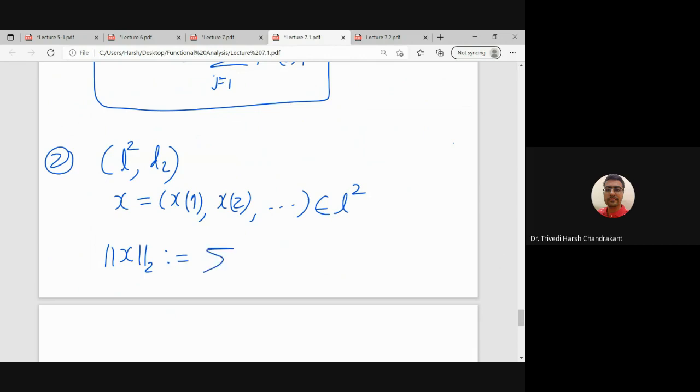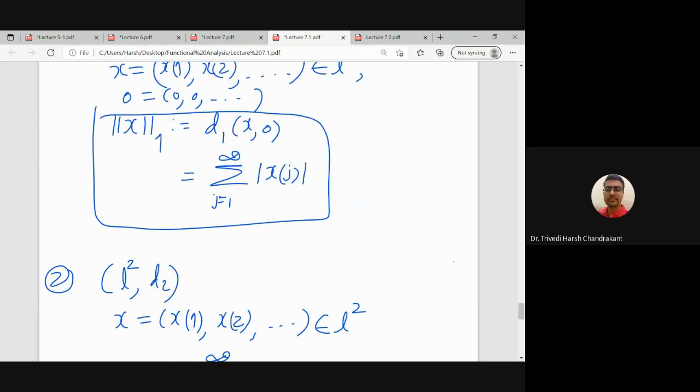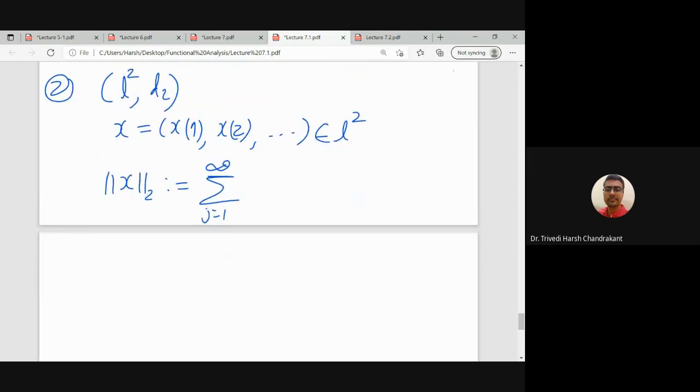So that is basically the summation, now we can write directly, right? So instead of modulus xj, we have xj square. And the third norm is the L infinity norm.